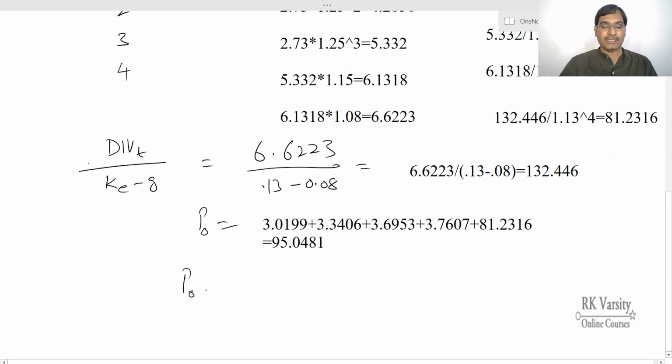So the intrinsic value or present value of this stock is $95.04. This is how you need to calculate the intrinsic value of a stock under 3-stage growth model. Thank you.